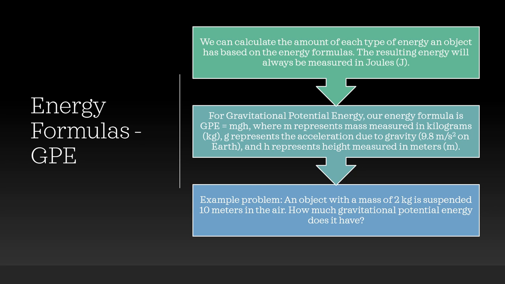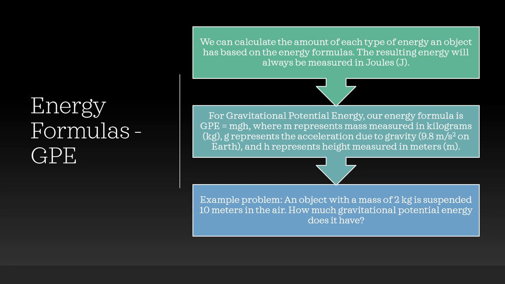So starting with gravitational potential energy, it's good to keep in mind that when we're calculating energy amounts in general of any kind, the resulting energy is always going to be measured in joules, which is denoted with a capital J. So for gravitational potential energy, our energy formula is GPE equals mgh, and when we get to some practice, we'll be using this formula a few times, where m represents the mass measured in kilograms, which is denoted as lowercase kg.